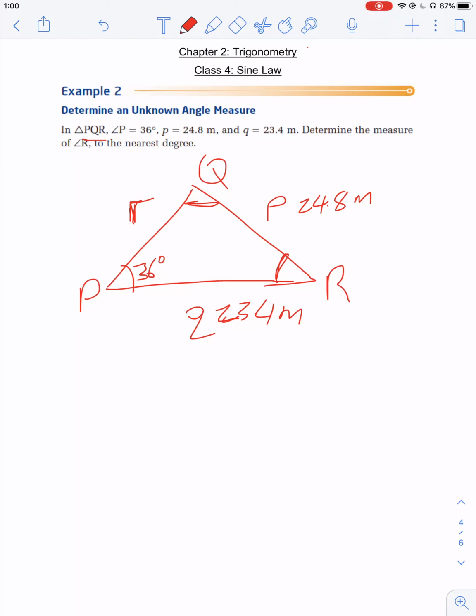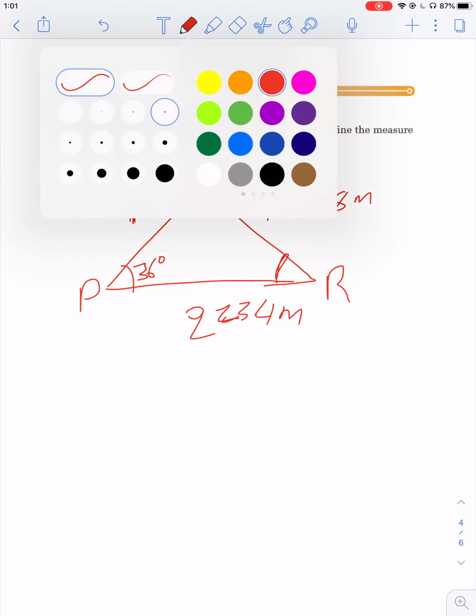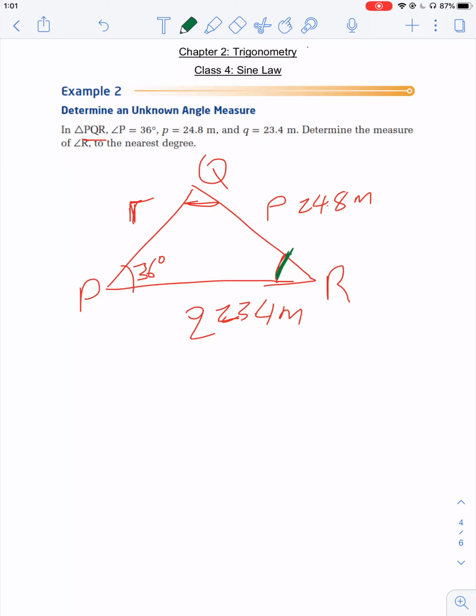And they are asking us to determine angle R, this one. Let me change the color. They're asking us to find this angle over here.